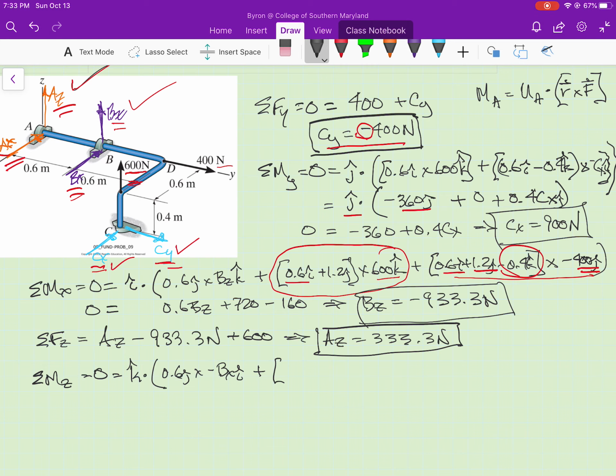So r is going to be 0.6i plus 1.2j minus 0.4k crossed with c sub x, which is 900 going in the negative i direction.